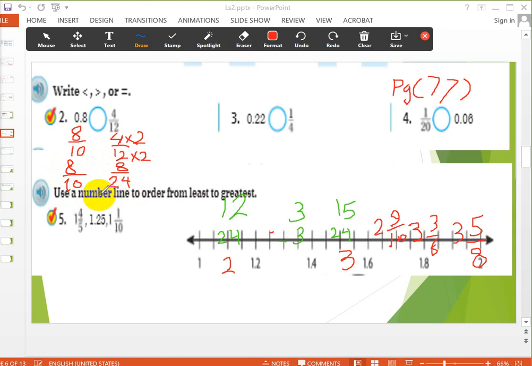But I told you yesterday, when I compare between denominators, the symbol will go in the opposite way. That means if 24 is greater than 10, I will not put the symbol like this, I will put it like this. It will go in the opposite way. So that means 0.8 is greater than 4 over 12.